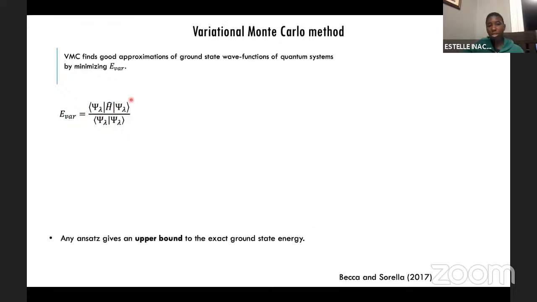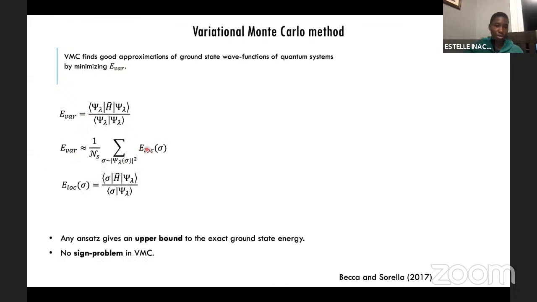Irrespective of the ansatz that we choose to represent the ground state wave function of the Hamiltonian, this quantity always gives an upper bound to the exact ground state energy. In practice, it's just computed using a statistical average, where the spins are sampled according to the absolute value squared of the wave function distribution. And so there's no intrinsic sign problem in VMC.